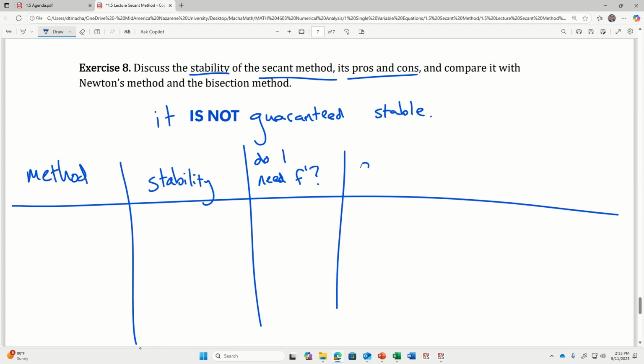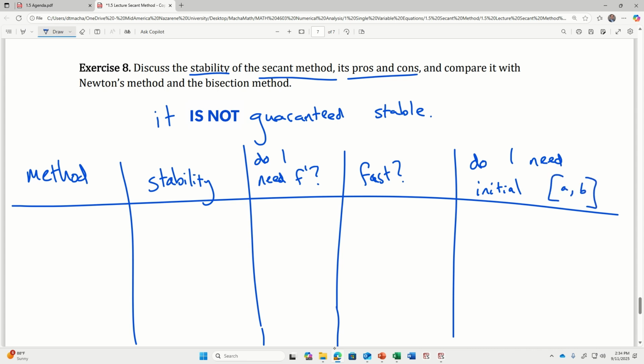We might be concerned about, is it fast? We might be concerned about, do I need an initial bracket? And we had bisection, Newton, and now the secant method so far.